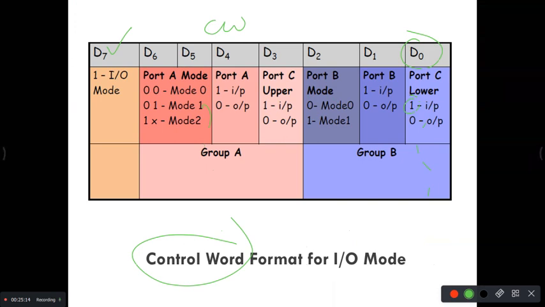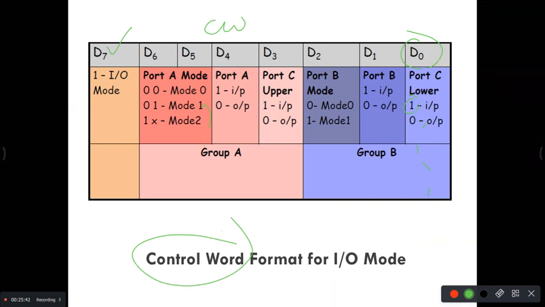If D0 is 1, port C lower works as an input port. If it is 0, it works as an output port. Similarly, D1, the next bit, corresponds to port B. If port B is to be used as an input port, it will be 1. Otherwise, 0, it behaves as an output.